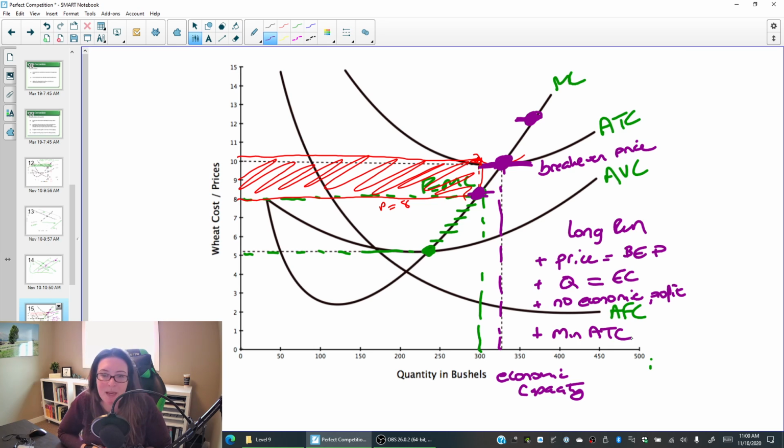We're at the minimum average total cost. So the reason that society likes perfectly competitive markets is it pushes the per unit cost as low as it can go, which means this business is operating at its most efficient. It's productively efficient. That average total cost is at its minimum.